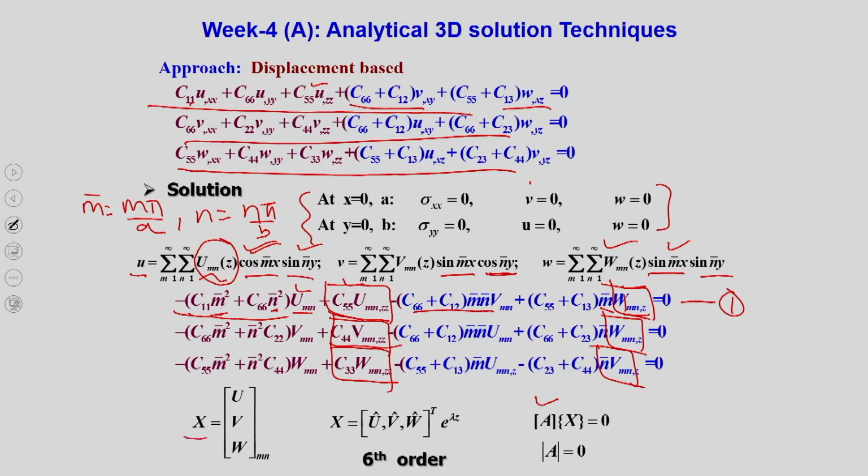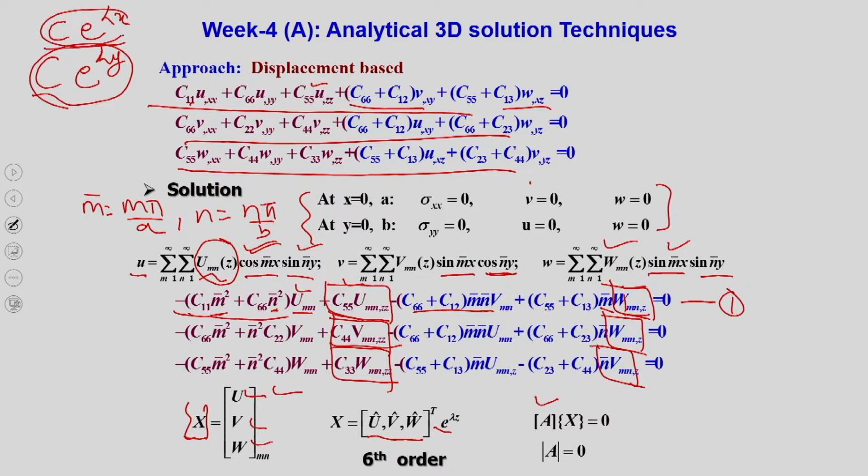Later on it will come. You define a state vector x in which u, v, w are 3 variables, and you assume a solution that e raised to power lambda z, like we assume e raised to power of lambda x when we are going for a Levy solution, ordinary differential equation along y direction like this.